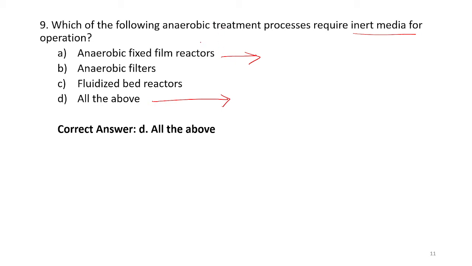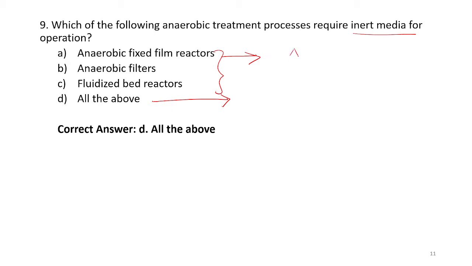These three, anaerobic fixed film reactors, anaerobic filters, and fluidized bed reactors, are all high rate reactors in which high efficiency of anaerobic treatment is expected. In anaerobic fixed film reactors, there will be an inert media in the reactor, and the microbes will be attached to the fixed film. So it is an attached growth process reactor. You would have learned about attached growth and suspended growth.